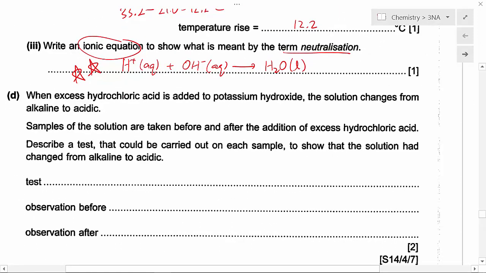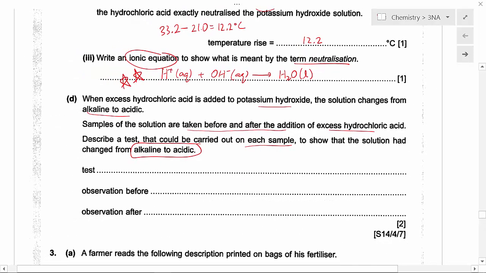When excess acid is added to potassium hydroxide, the solution changes from alkaline to acidic. Sample solutions are taken out before and after addition of excess acid. Describe a test to be carried out on each sample to show that the solution had changed from alkaline to acid. What test can you use? The fastest, easiest way is to use a litmus indicator.